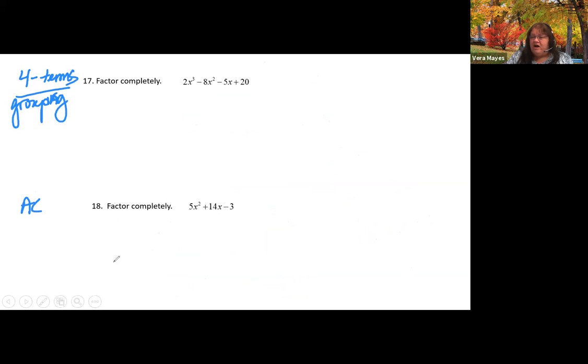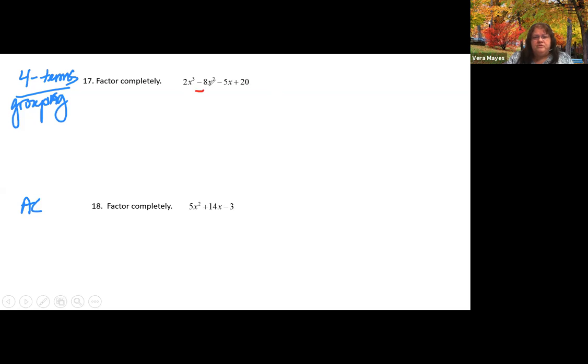Some people use a box method, some people use a cross method. There's so many ways to do this. So if the AC method doesn't work for you all the way, come work with one of us, come work with a tutor or something, and we'll look at the different ways and we'll find something that makes sense to your brain in particular.